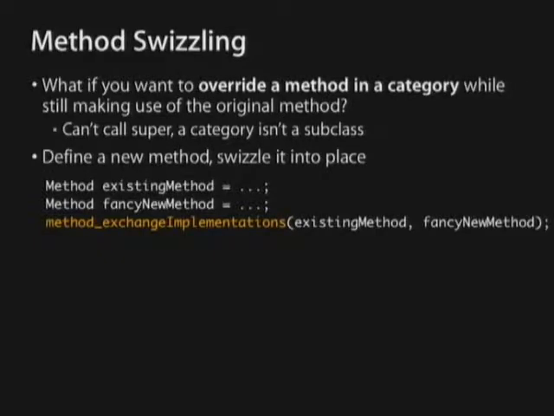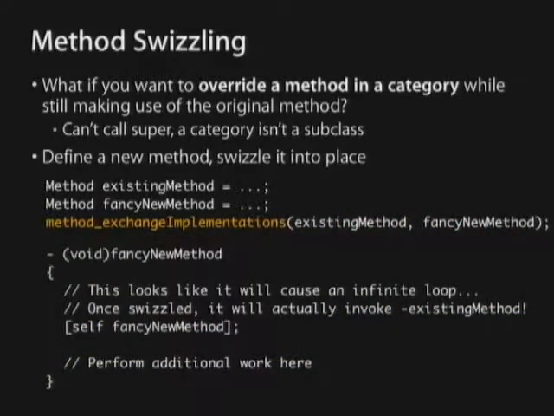So I'll exchange the implementations of existing method and fancy new method. Then within fancy new method, this is the crux of swizzling, assuming I want the old behavior and then my new behavior, I'm going to call self fancy new method.